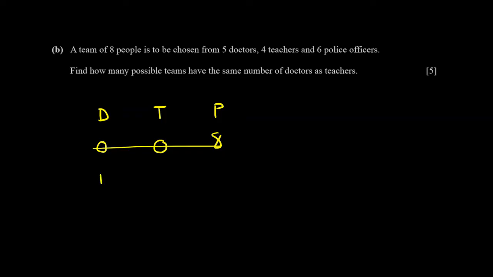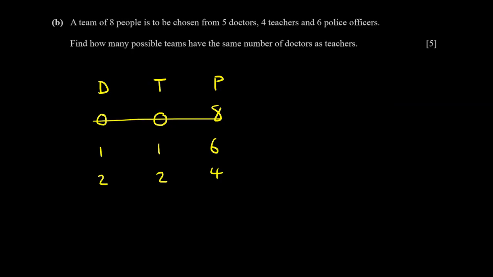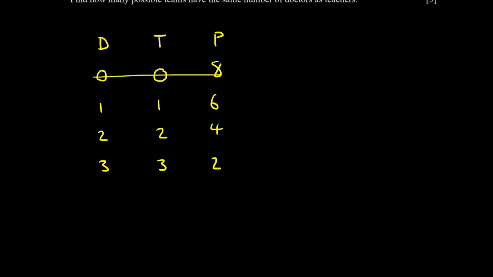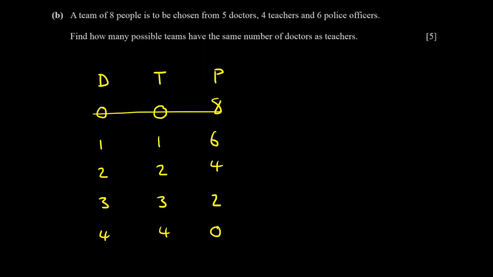Alternatively, we could have 1 doctor, 1 teacher, which means 6 police officers. Or 2 doctors, 2 teachers, which means 4 police officers. Or 3 doctors, 3 teachers, and that means 2 police officers. Or 4 doctors, 4 teachers, and then 0 police officers.